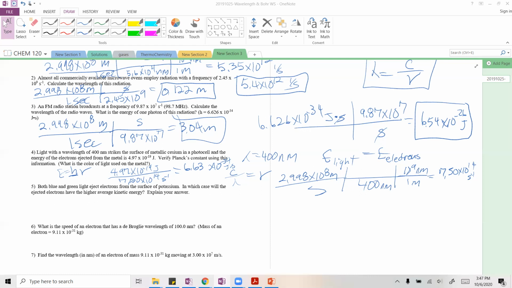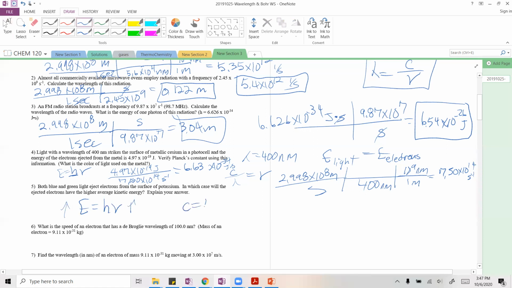And so that means that when those electrons are excited, they're given more energy, so they're going to go faster. They're going to have more kinetic energy inside of them. So we're trying to figure out which one has more energy, our blue or our green. So our energy is related to the frequency. And so the higher the frequency goes up, the higher our energy.